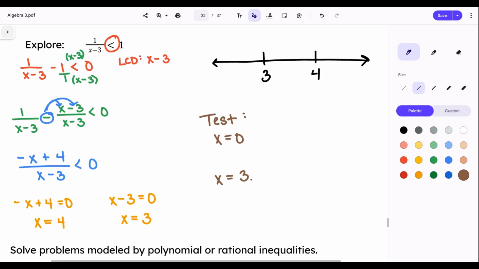But if you want to do one in between, like 3.5, I think that's probably safe to do. And then what's another one that we would need to test? Good. Yeah, like 5. Okay. So go ahead and take a couple minutes here. And I want you to go ahead and do those 3 tests and see if you can figure out how you would shade on your number line.